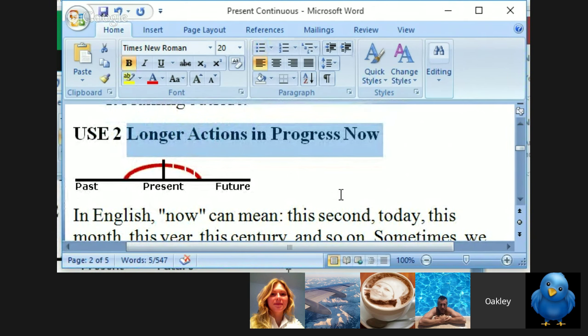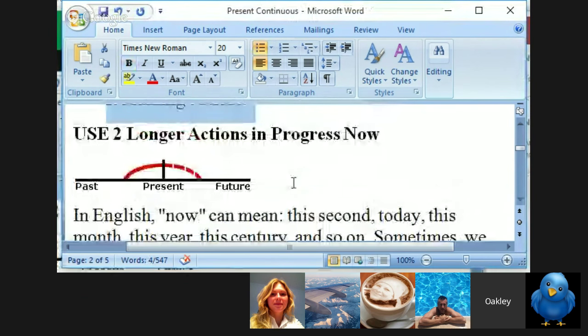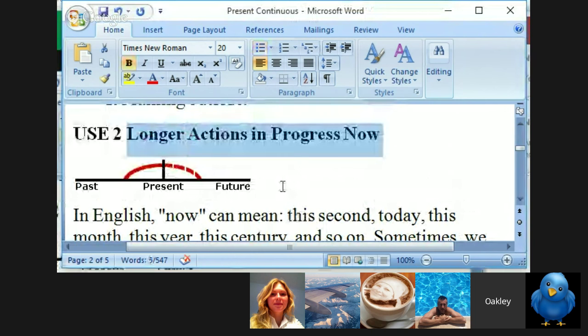Nice segue, Eliana. Thanks for the segue. You're welcome. As many times will happen, very often we use a verb tense and more than one use is being covered at the same time. You're doing more than one thing at a time. It's raining outside right this very second, and possibly it is also a longer action in progress now.